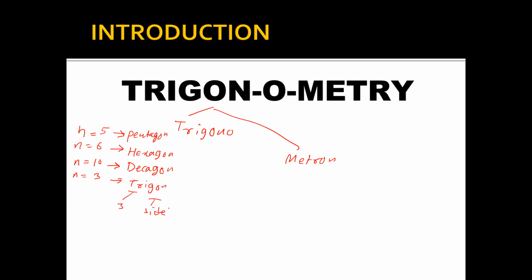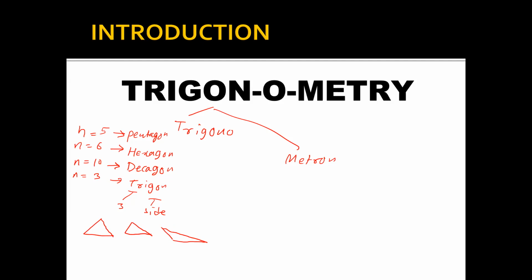So we can define trigon as a shape that has 3 sides. It can be any shape, like this is also a trigon, and this is also a trigon, and this is also a trigon. Okay, now we understood what is trigon.